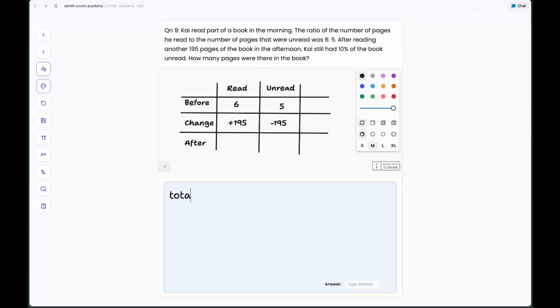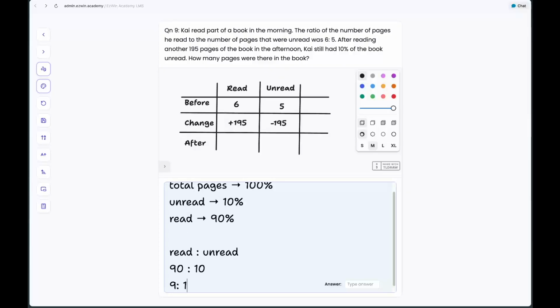So if total pages is equal to 100%, and unread is equal to 10%, that means read is equal to 90%. So with that, we can say read to unread is 90 to 10. And we simplify it to 9 to 10.